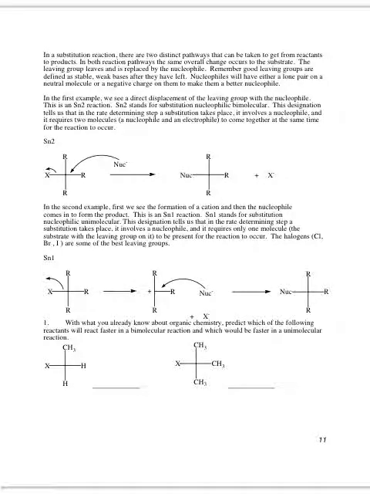Here in Chapter 6 we have two basic reactions. We have an SN2 versus an SN1 mechanism that we're going to talk about. In both of them, the SN stands for substitution nucleophilic.